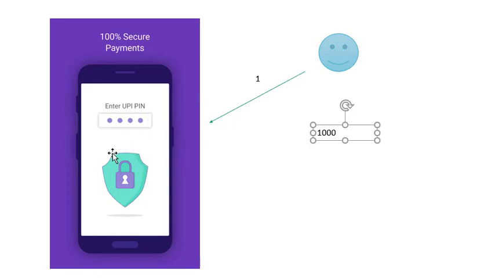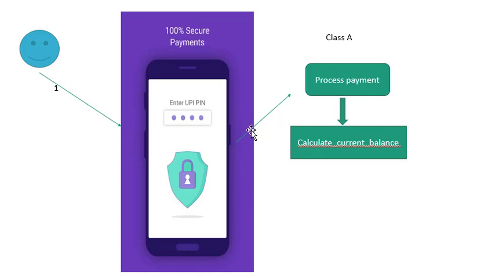Now the next thing that happens in the background is, the username is already there in the app, so it gets automatically sent with the pin and the username to, let's say, the calculate current balance method, which belongs to this class ProcessPayments, say class A. Its purpose is to calculate the remaining balance after sending the 1,000.